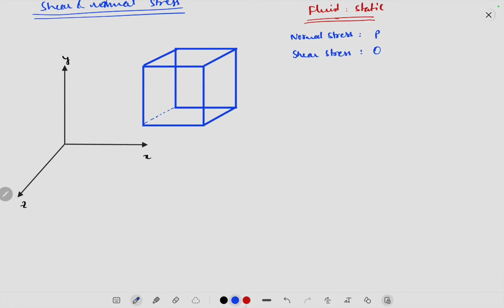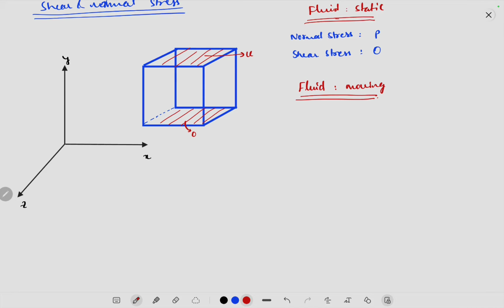Now let's say the fluid is moving. Let's say this top plate is moving with a constant velocity u, and this plate is held stationary with the ground.